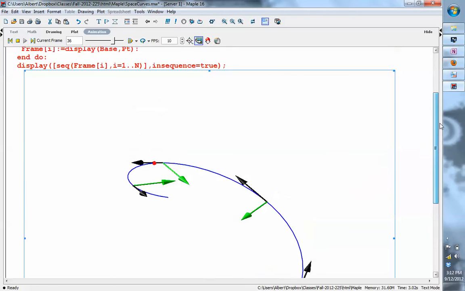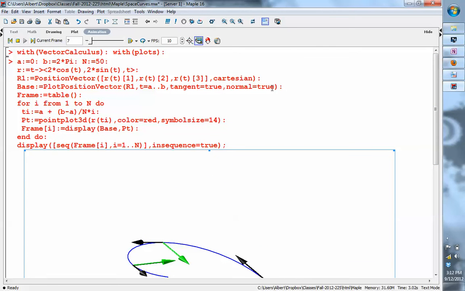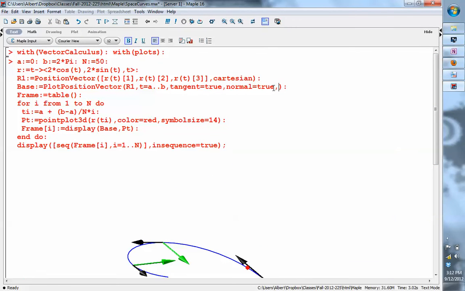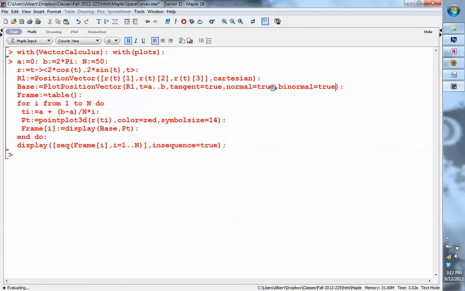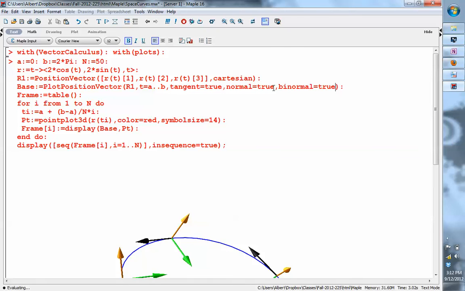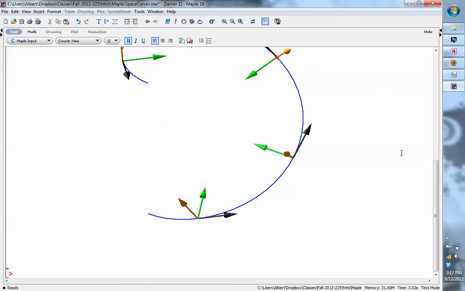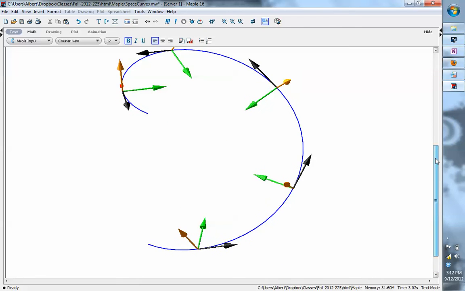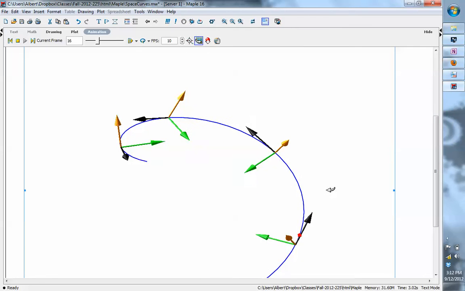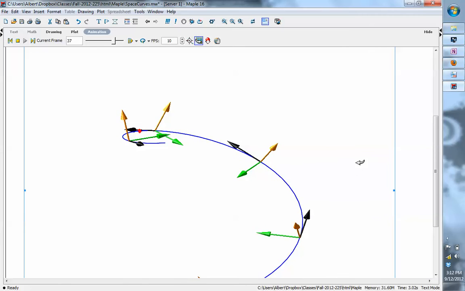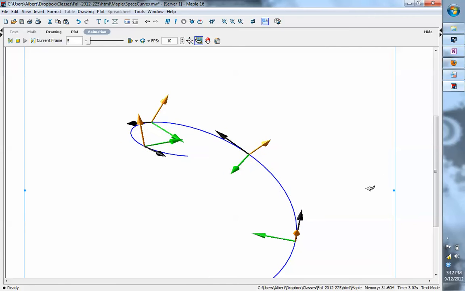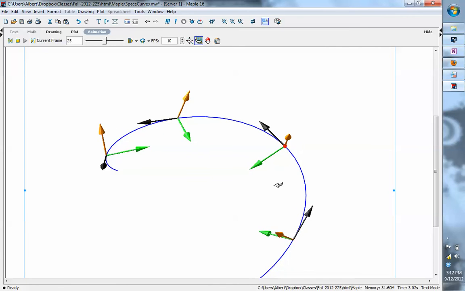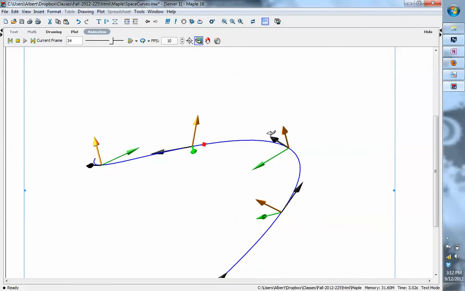And then there's actually yet a third vector, which we will only mention and not really work with. There's this thing called the binormal vector, which is the cross product of the tangent and the normal vectors. What that gives you is a little tiny coordinate system at every point on the curve that carries geometric significance.